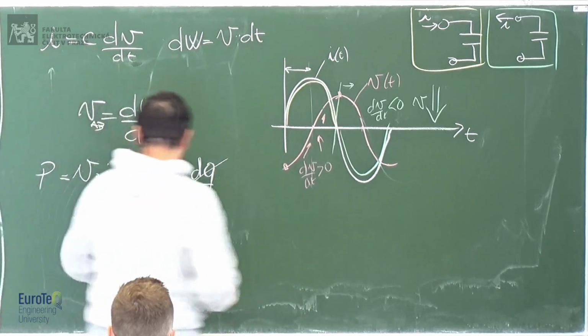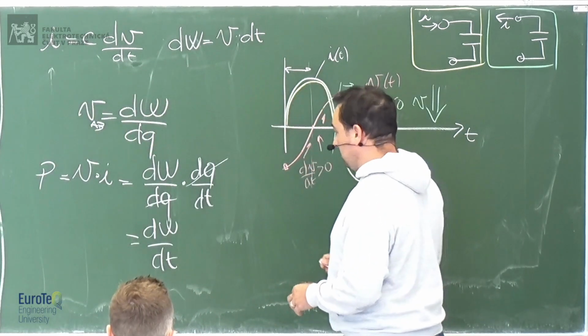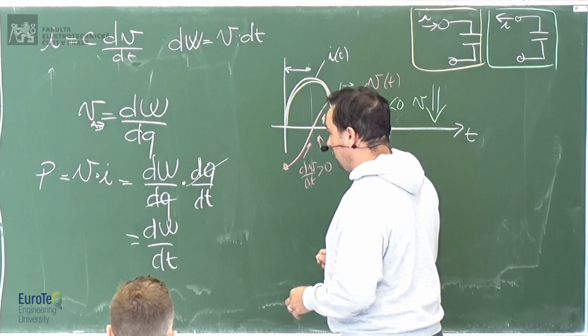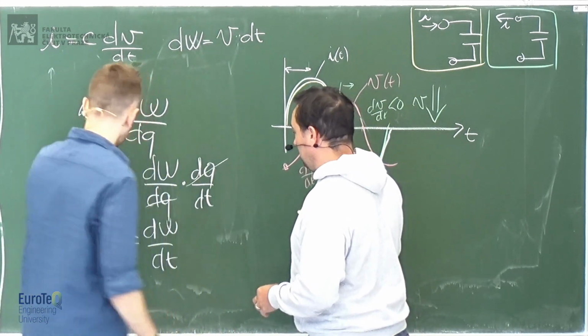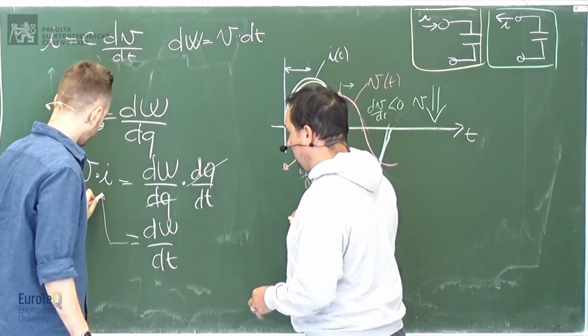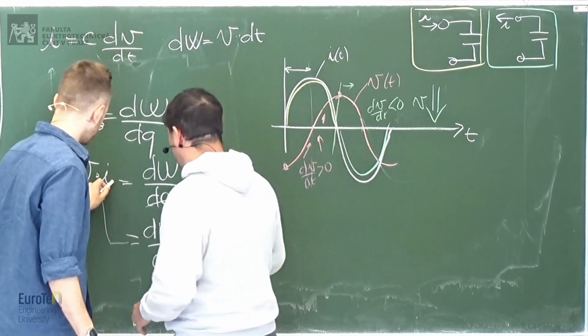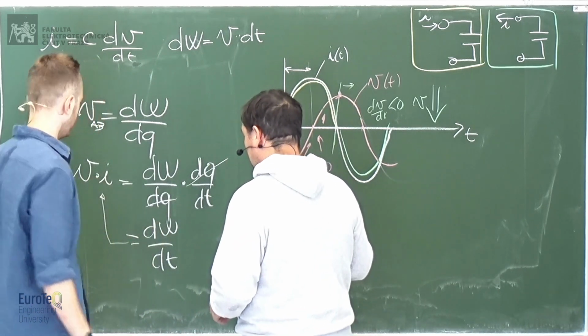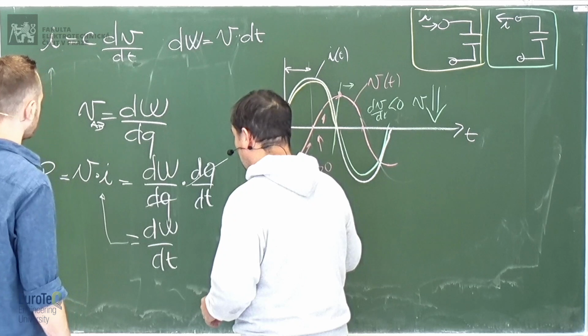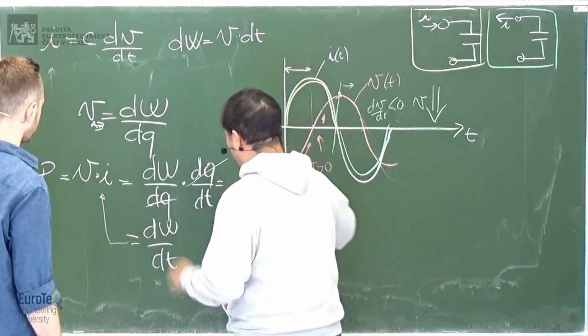Yeah, it needs to be VI dt. dW is VI dt. Or are we missing something? This is the power.